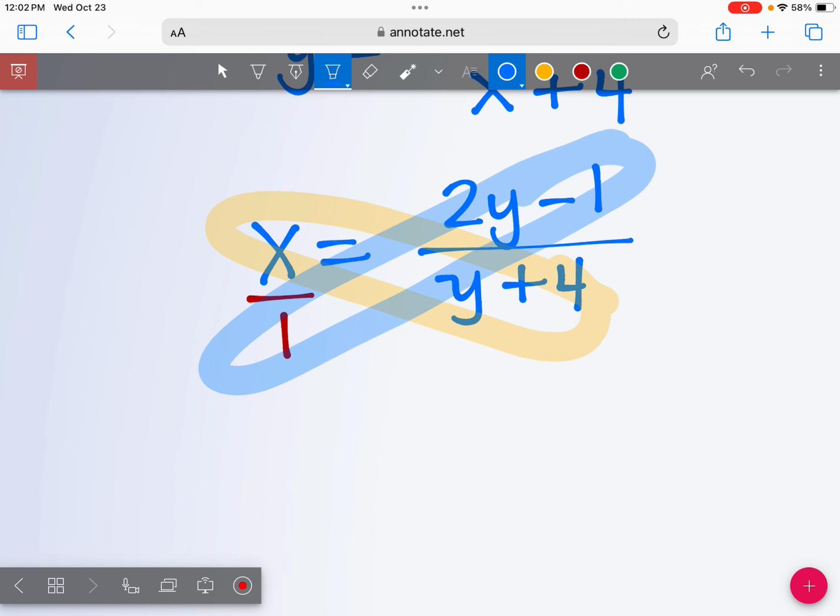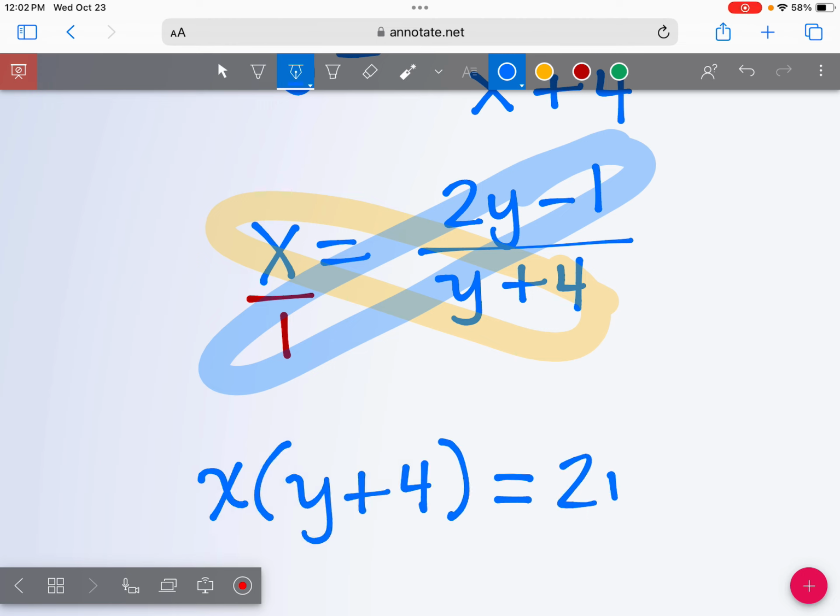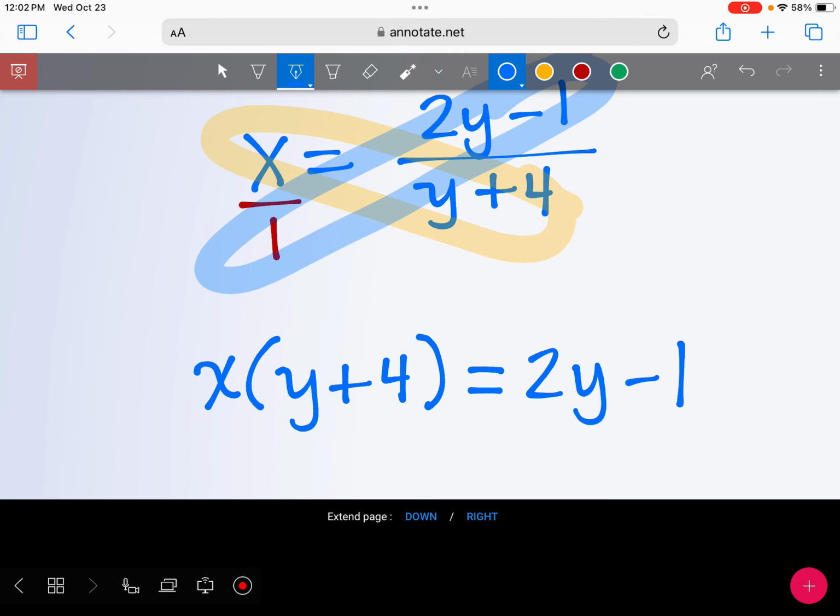So when we cross multiply, we get x times y plus 4, and that's going to equal 2y minus 1. So let's distribute.